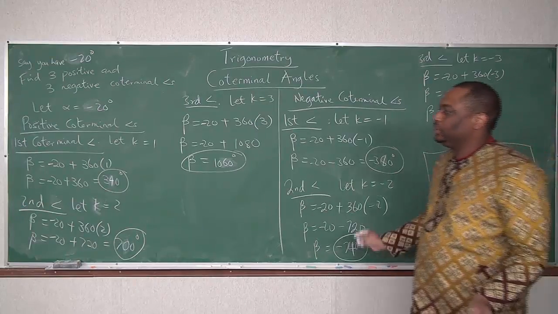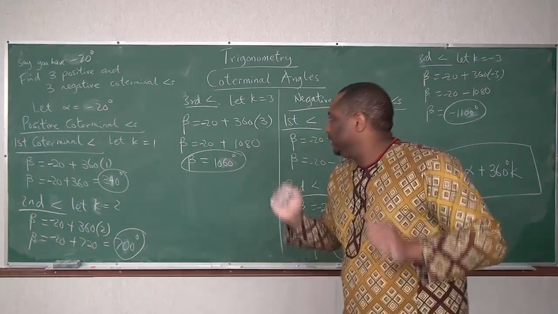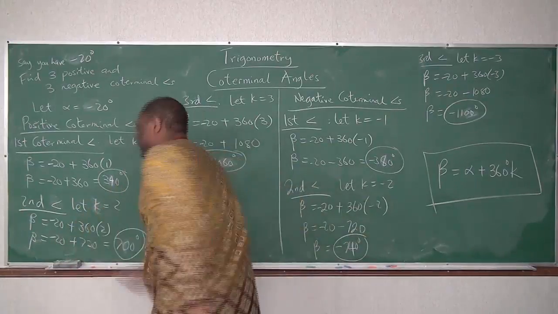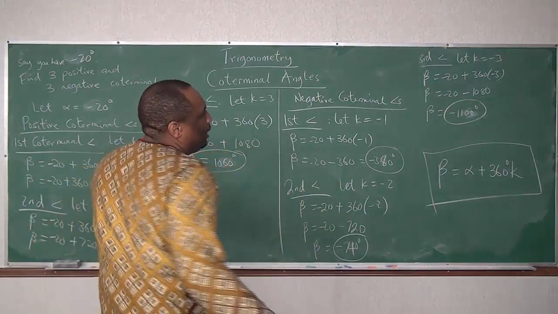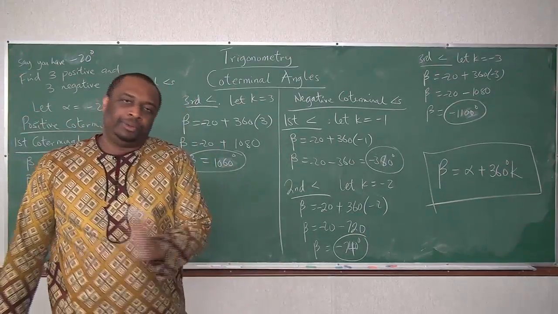This tells you that negative 20 degrees, 340 degrees, 700 degrees, 1060 degrees, negative 380 degrees, negative 740 degrees, and negative 1100 degrees are in the same quadrant.